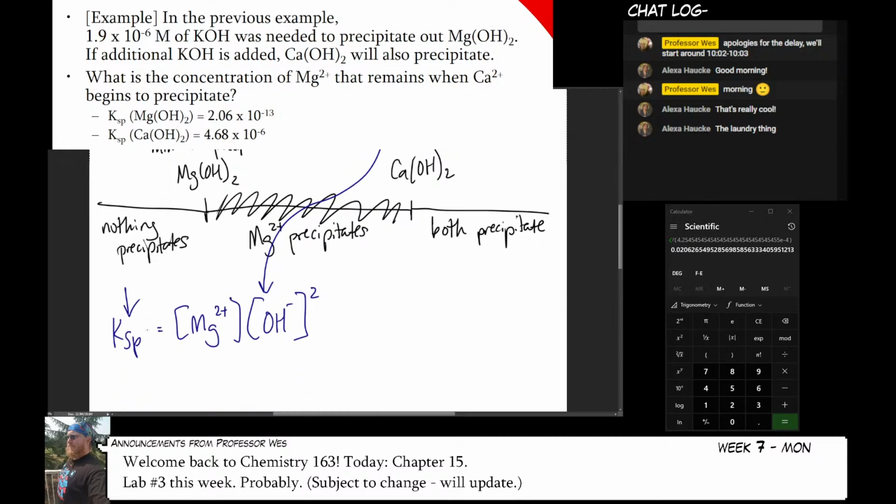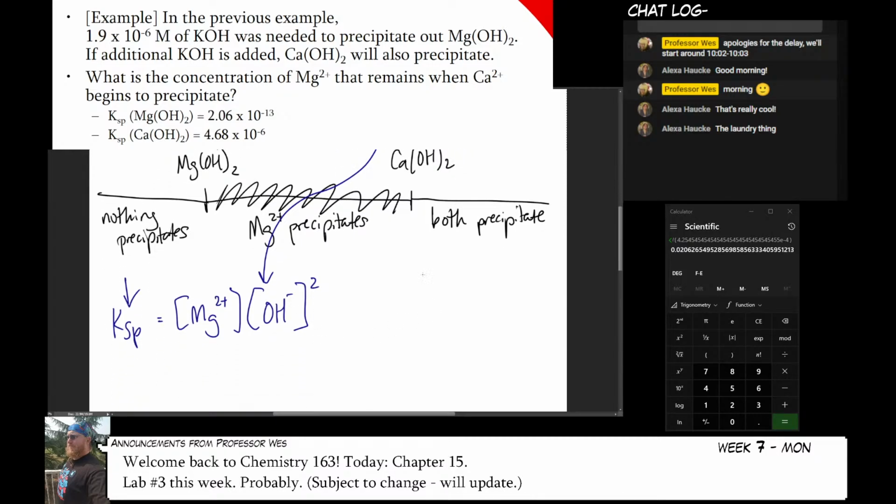Remember that Le Chatelier is going to say, well, if I have this as my expression, I forgot the 2 here, there we go, and I make this number really big, I'm going to drive the reaction in this direction towards the precipitate, right? In other words, the more hydroxide I add, the more precipitate I get.